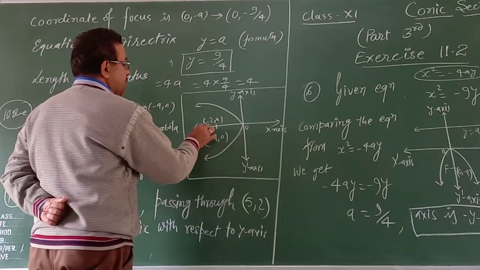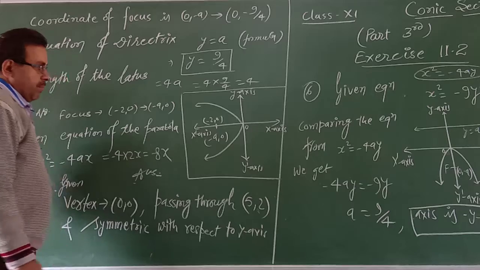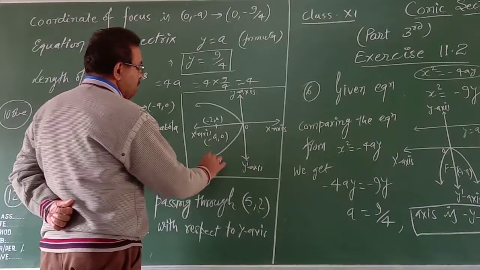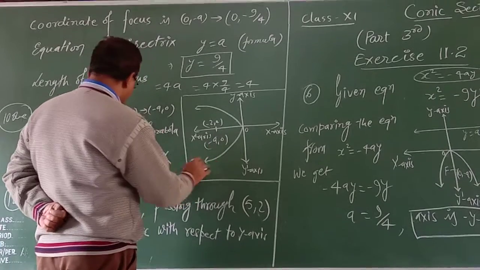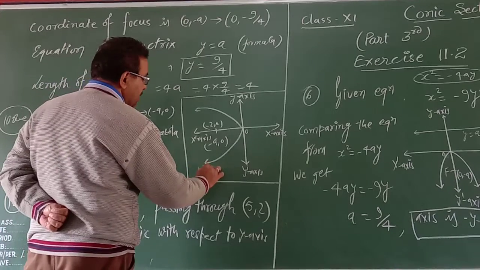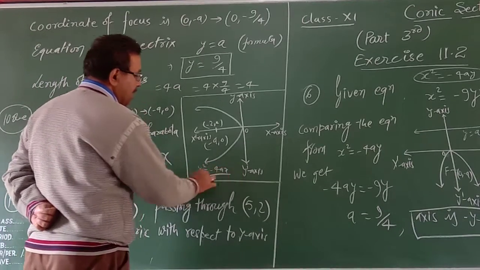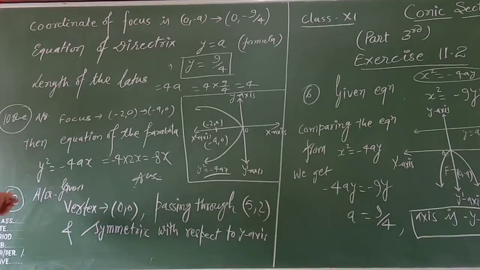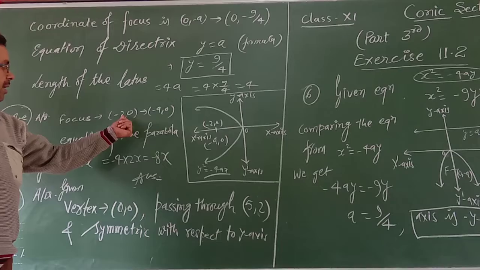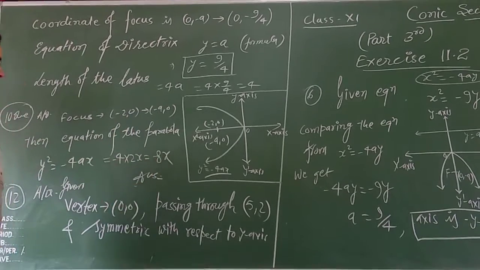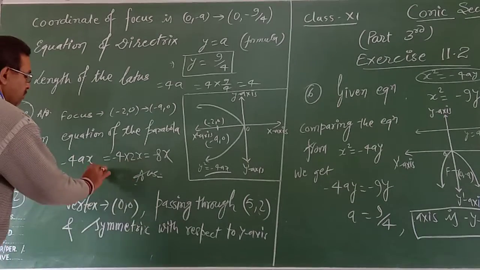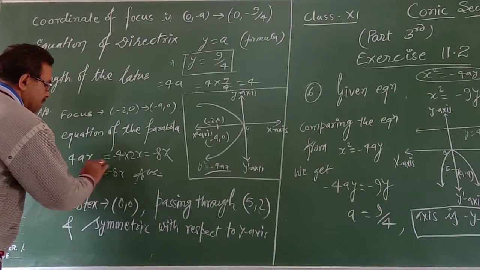It means axis will be here negative x-axis. On this way, this equation will be y square is equal to minus 4ax. After putting the value of a equal to 2, we get the required equation of the parabola will be here y square equal to minus 8x.